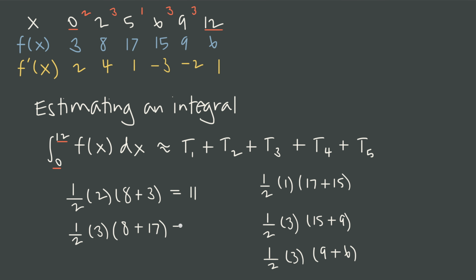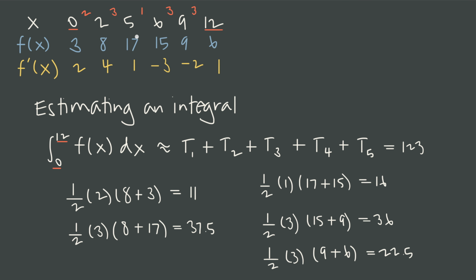And when we do the math there, we're going to get 37.5. We'll get 16 here. This will be 36, and this will be 22.5. And when we add up all 5 of those values, we get 123 as a trapezoidal estimate for the integral from the table.